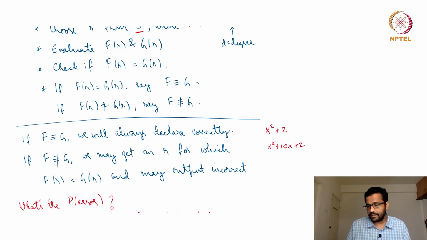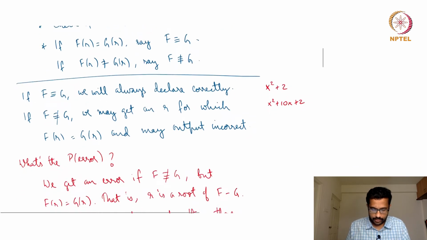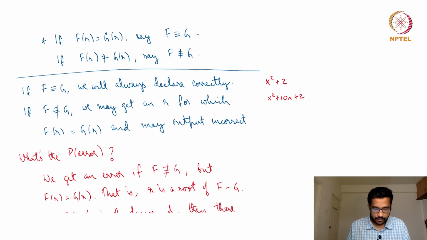At x equal to 0, you see that they both evaluate to 2, even though the two polynomials are different. So this is an example of a case. The point is that there may be r for which f and g get evaluated to the same value, and this is the only possibility of error. Even though the polynomials are different, it could so happen that you pick an r for which they evaluate to the same value.